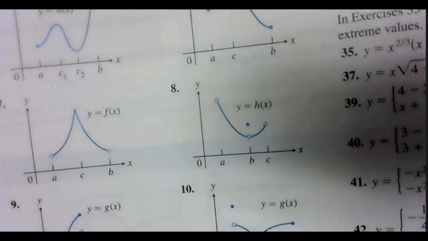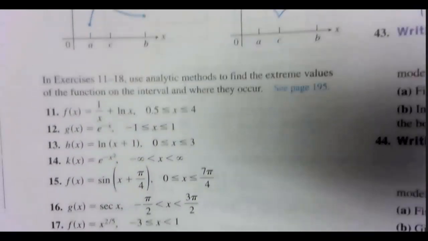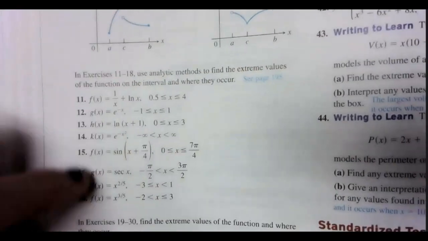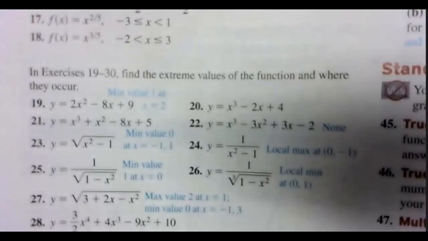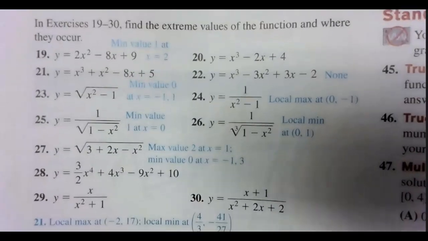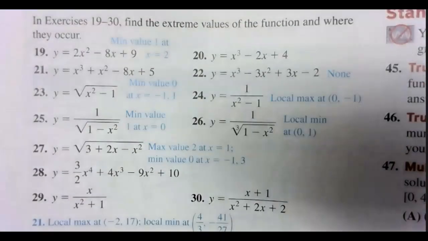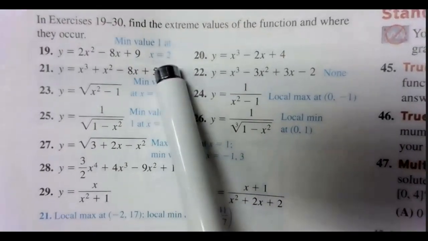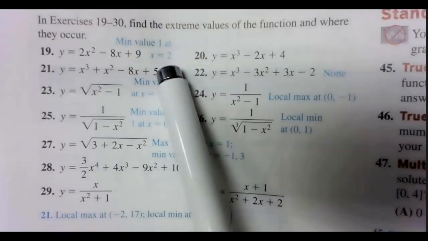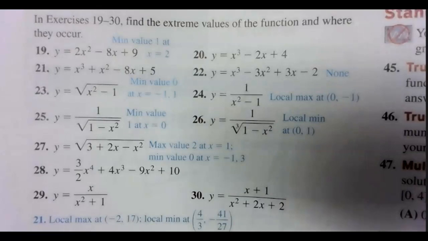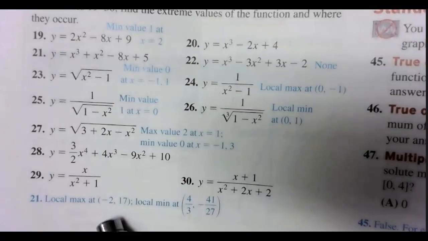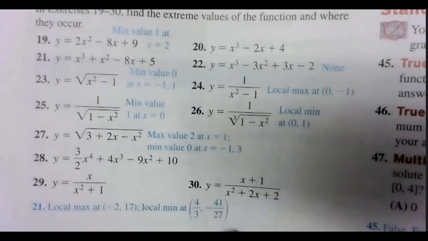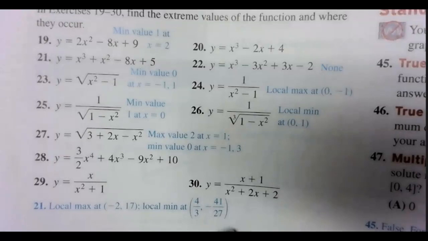Okay. 5 through 10, I have to show you the answers on a different area, so we'll come back to those, as well as the 11 to 18. So 19 and down below, we have a minimum value in 19 at 1, which occurs when x is 2. 21, there is a local max at -2 and a local min at 4/3, -4/27.